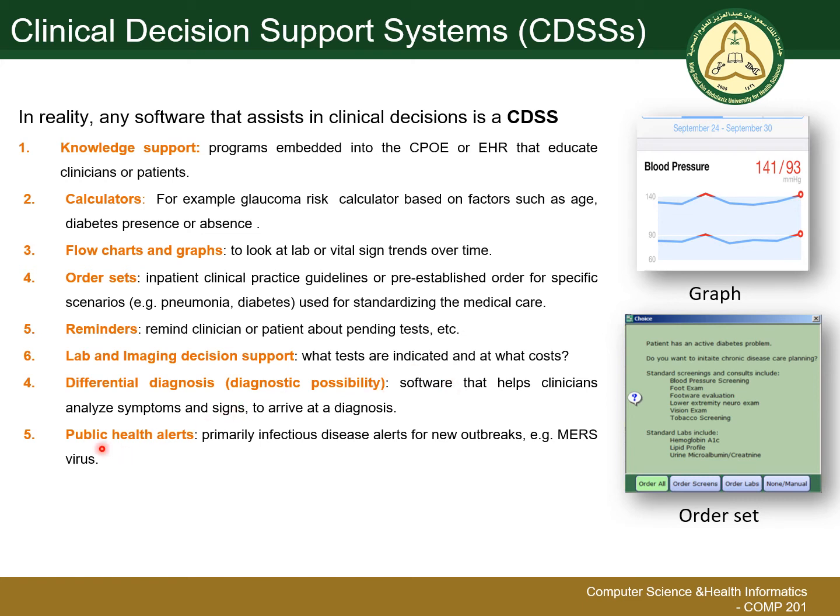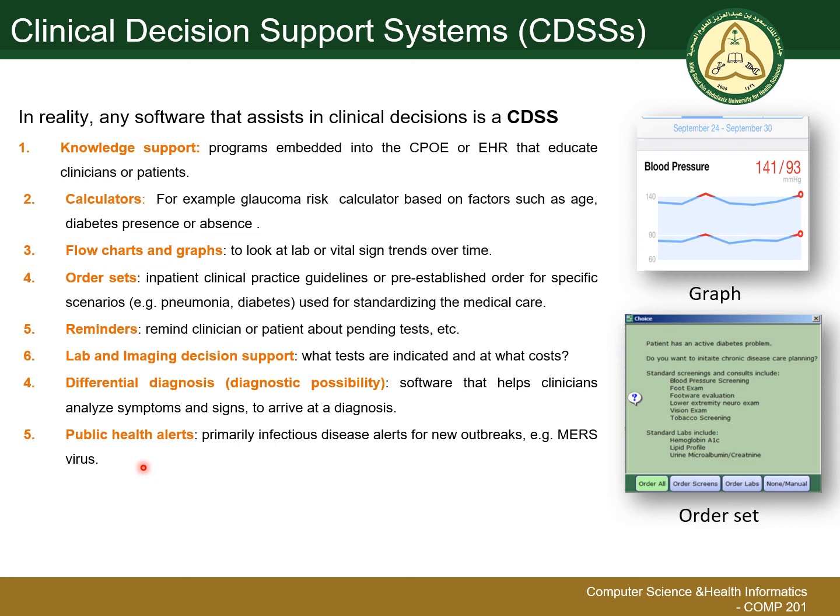Last, we have the public health alert, where the system alerts the public or the health organizations about infectious diseases, for a new outbreak like the MERS virus, and like what we are experiencing now, the COVID-19.